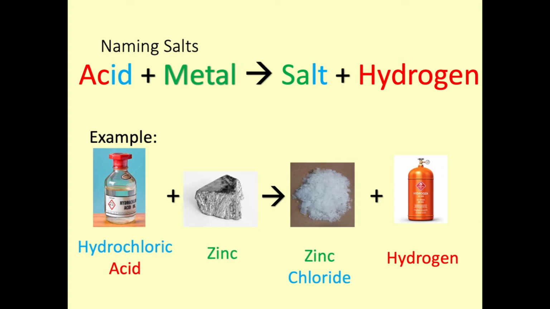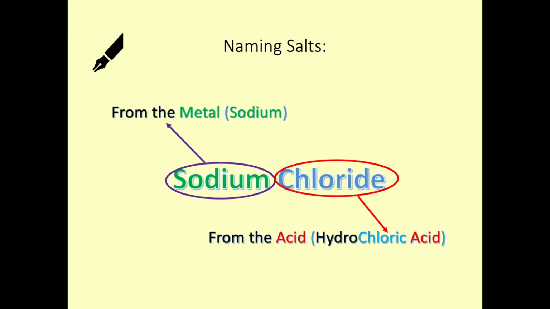So the type of acid determines the ending of the salt, and the metal determines the beginning of that salt. So another example here, sodium chloride. So again, the chloride coming from the hydrochloric acid, whereas in this case we've used sodium as a metal, and therefore we've got sodium chloride that's produced. Could you pause the video and annotate your worksheet with this?